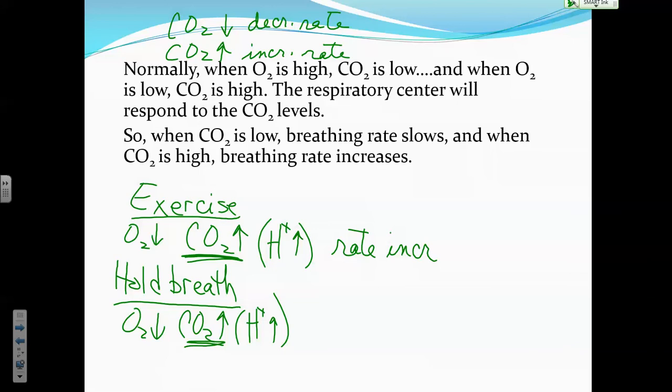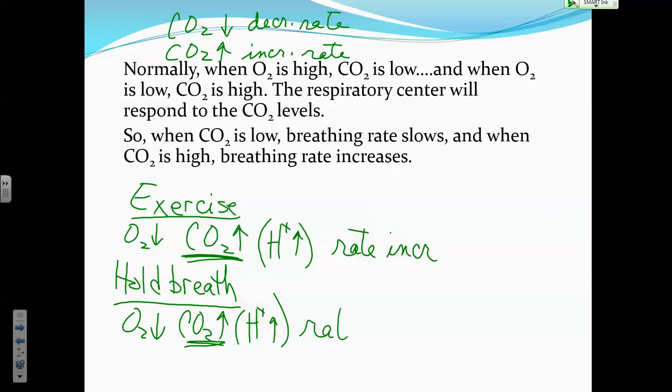At some point while you're holding your breath, you've got this undeniable urge to breathe, don't you? And so you have to breathe. That's your respiratory system kicking in. And when you start breathing, it's going to cause your breathing rate to increase compared to your normal resting breathing rate.